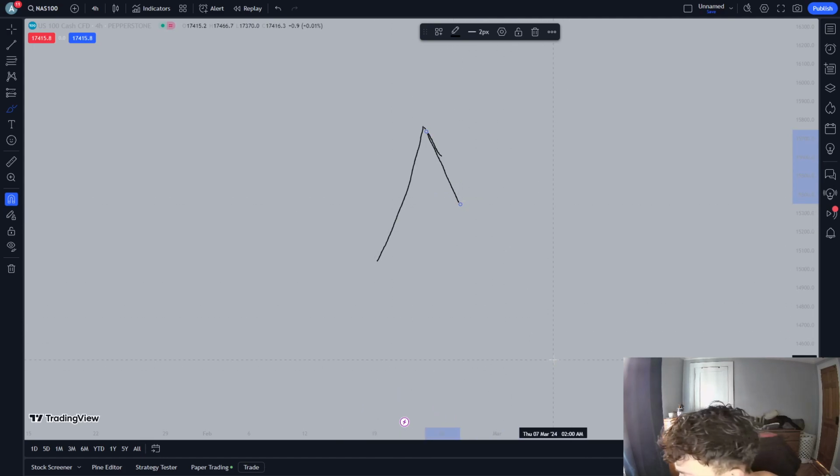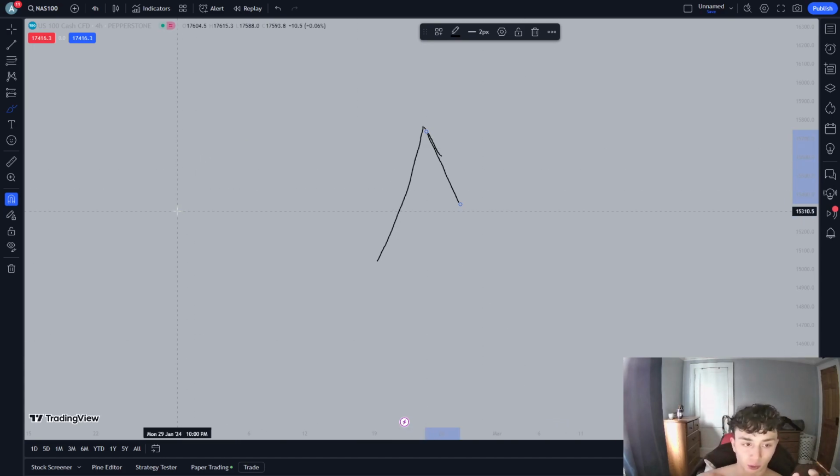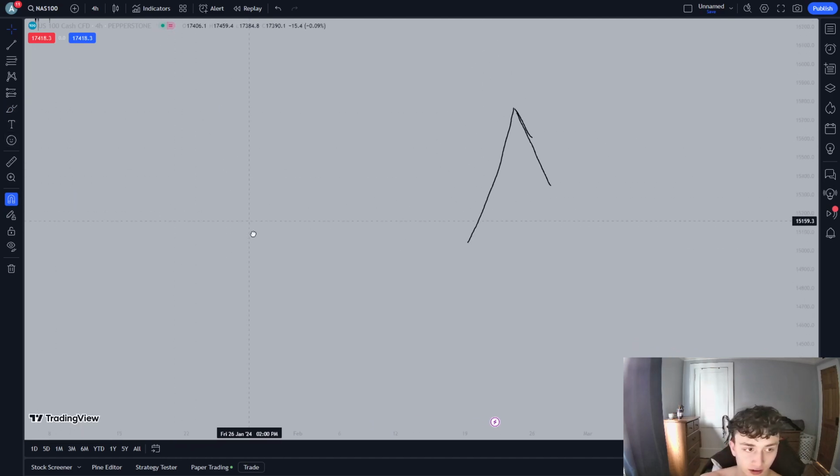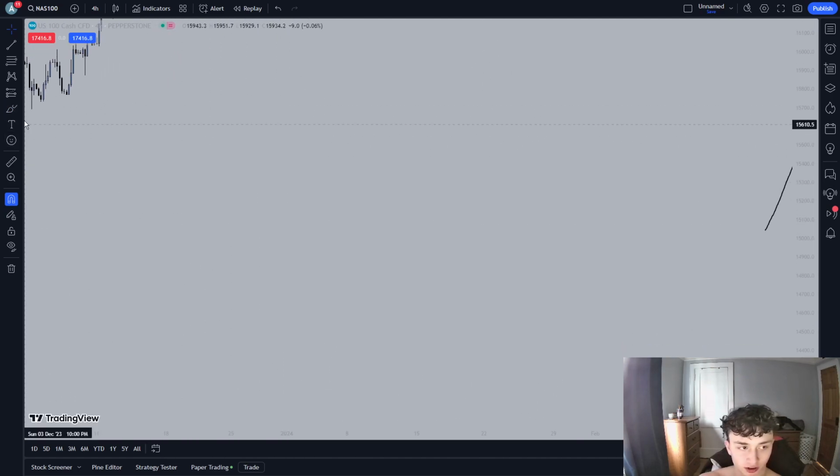That's not smart. That's not logical. What you want to do is wait for confirmation within the market to say, okay, we had our time uptrending, now we want to go down. But how do you do that? When it's in an uptrend like this, you wait for a break of structure.